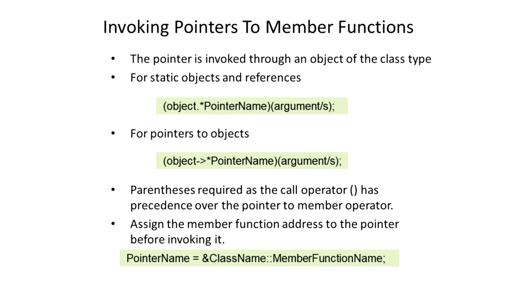But here, we have to explicitly refer to the reference via the ampersand, the reference operator. Okay, so we need to have the reference operator and then the class name, scope resolution operator, 2 colons, and then the member function name. Okay, so there's a slightly different syntax there again.